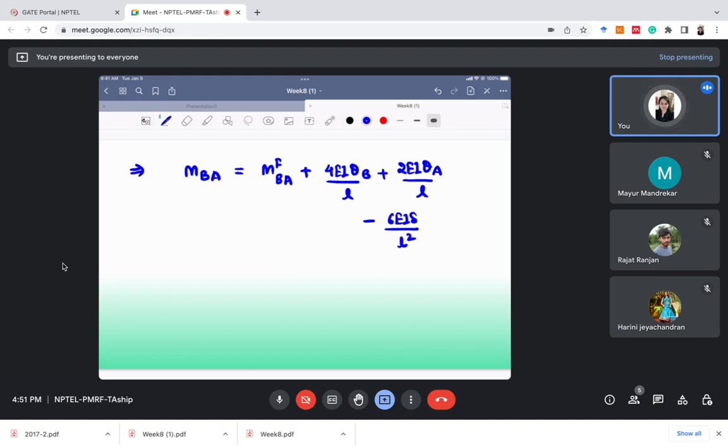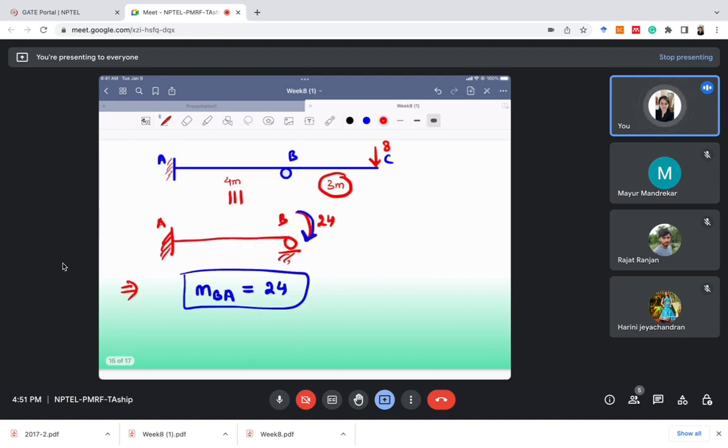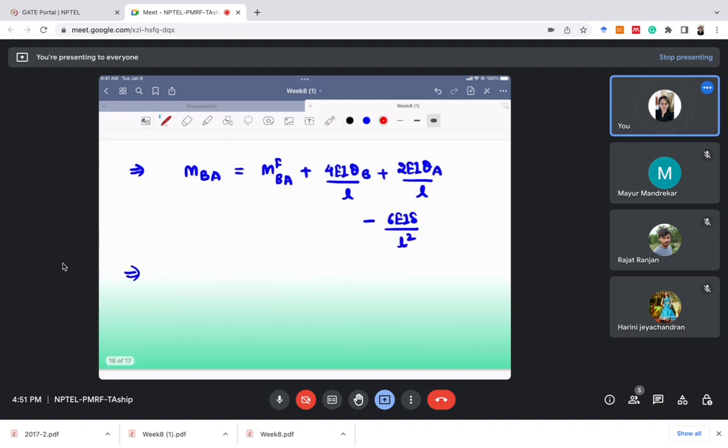For MBA, is there any MFBA? Is there any external loading in the span AB? No, this 24 kilonewton is not on the span, it is at the joint. So this term is 0.